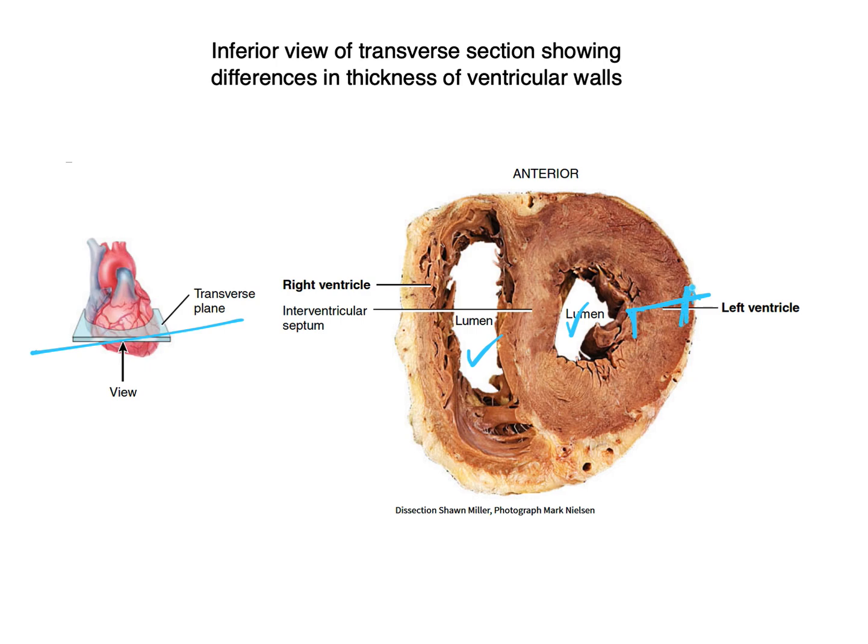You know, it's thicker than the wall of the right ventricle. And this is related to its function, because the left ventricle has to pump the blood to the whole body, but the right ventricle has to pump the blood just to the lungs.